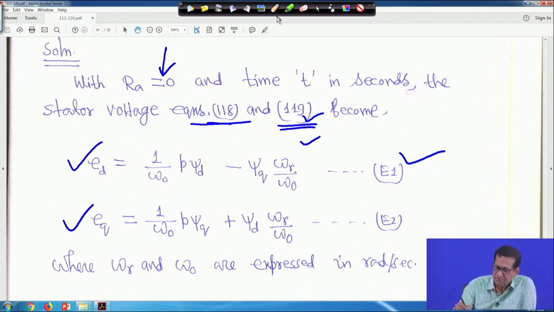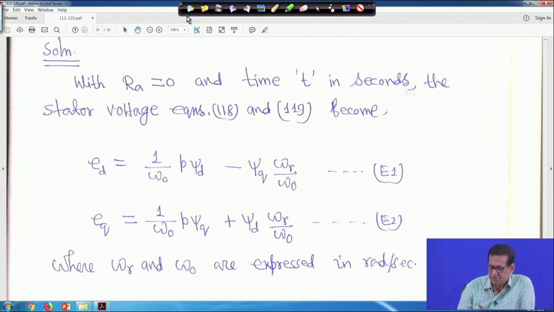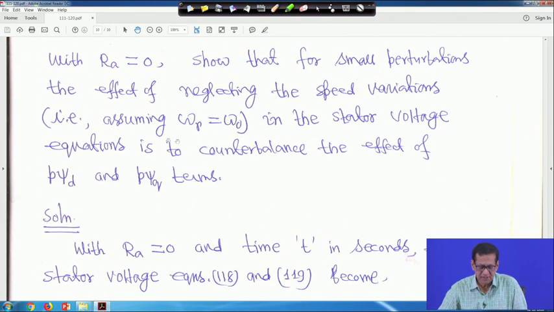Suppose we have made an assumption that omega r is equal to omega 0.